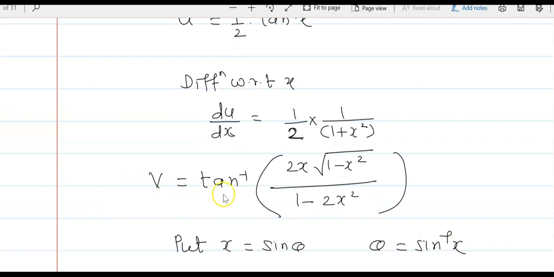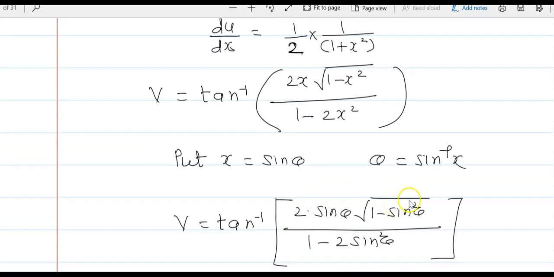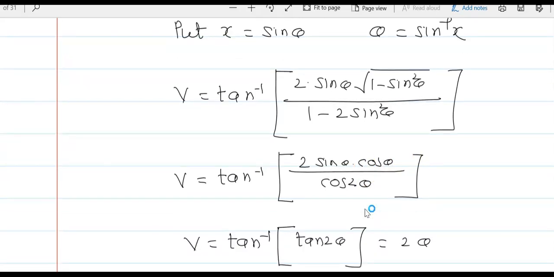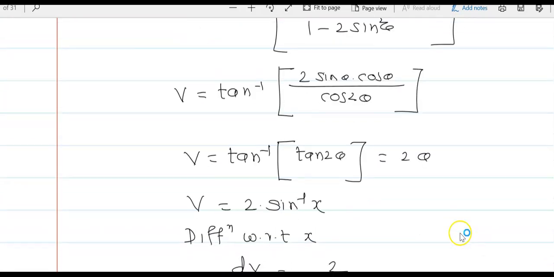Same case, v is equal to tan inverse of 2x root of 1 minus x square upon 1 minus 2x square. Put x is equal to sin theta, theta is equal to sin inverse of x. Numerator and denominator give the tan of 2 times theta. Therefore, v is equal to 2 theta, that is v is equal to 2 sin inverse of x.